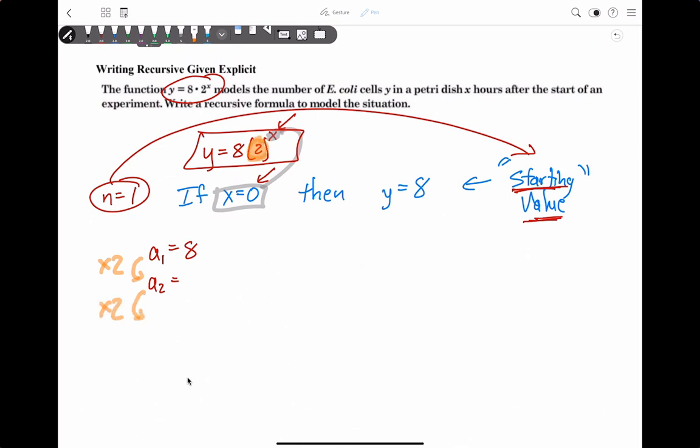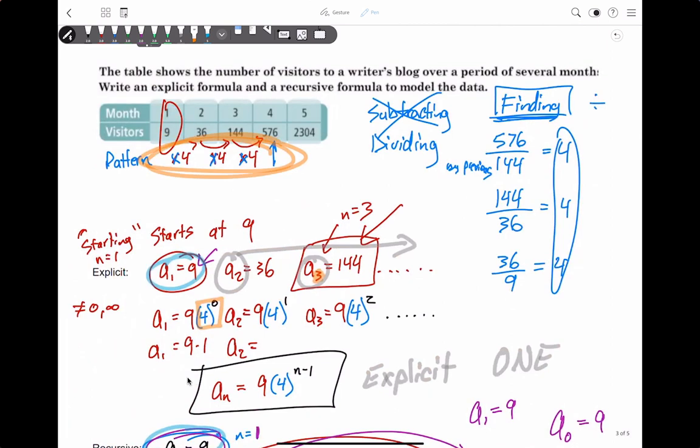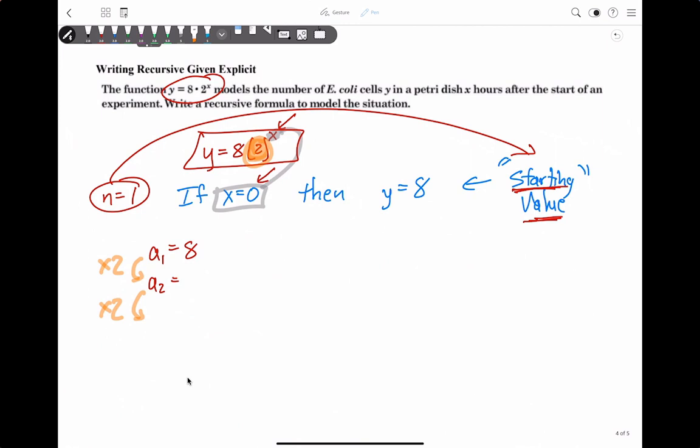Remember, this common ratio, or this base, is that pattern that we were talking about over here as far as being 4. That's that base. So a sub 2 is going to multiply by 2 to get 16. A sub 3 is going to multiply by 2 to get 32. And then it just keeps going on and on. 64, and it keeps going.